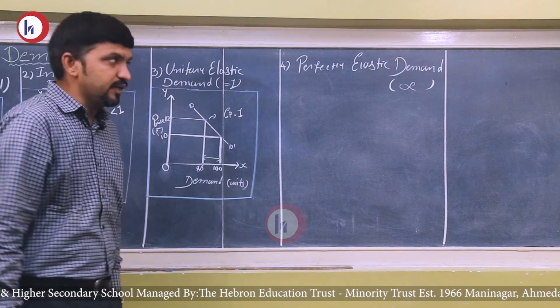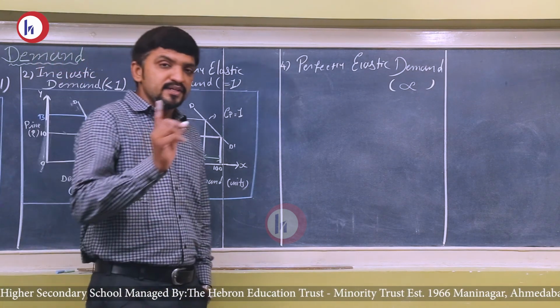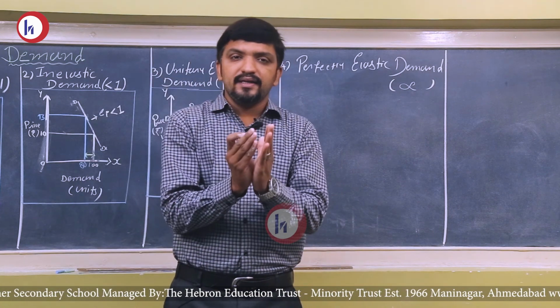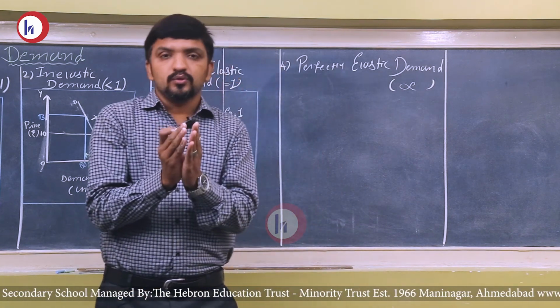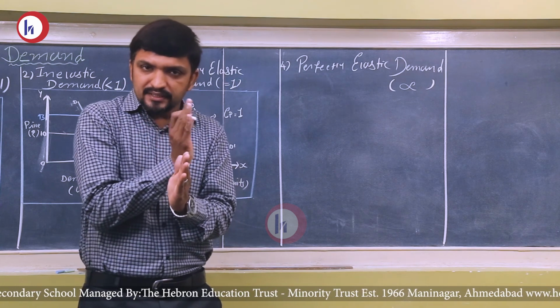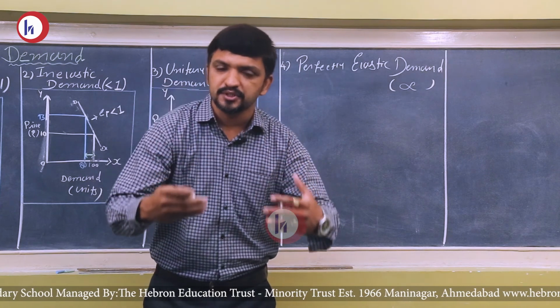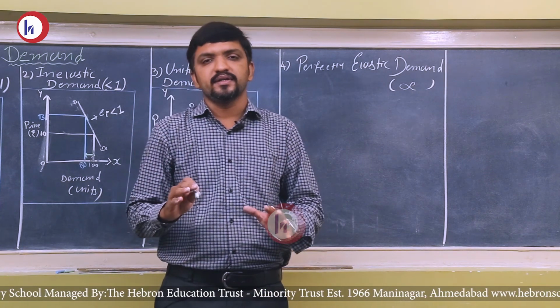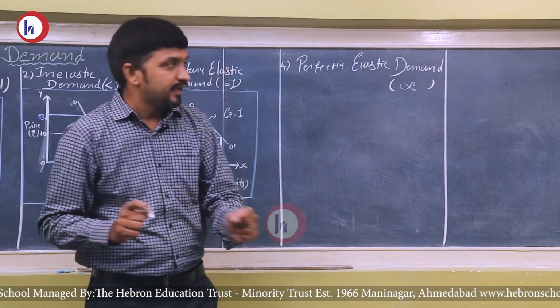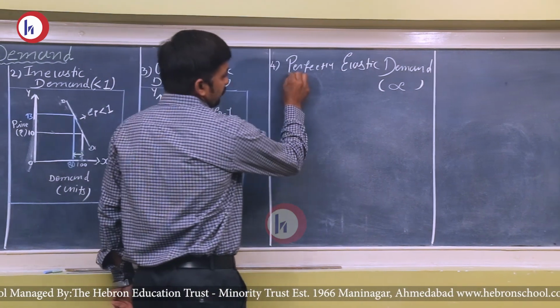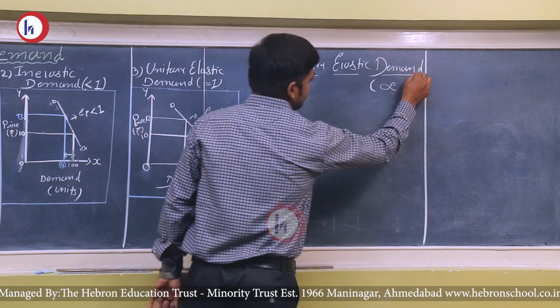The answer is infinite. So what did we see as the definition, the meaning in the previous video? That when no percentage change in price of the commodity brings any percentage change in demand of a commodity, it is known as perfectly elastic demand.